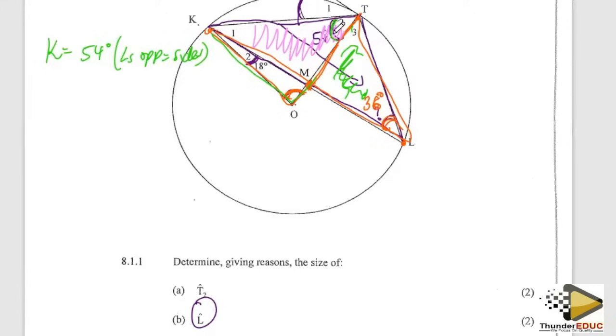So this 54 must be the same as that 54. Then if all of it is 54, what is K1? That is 54 minus 18, which gives me 36. So K1 is 36.